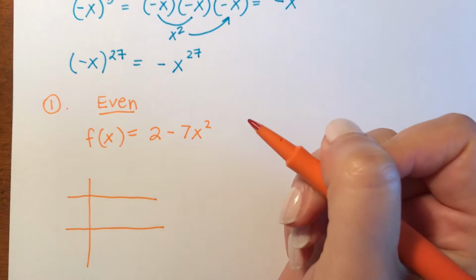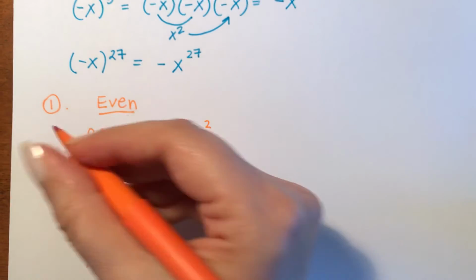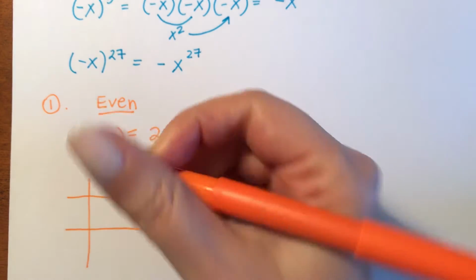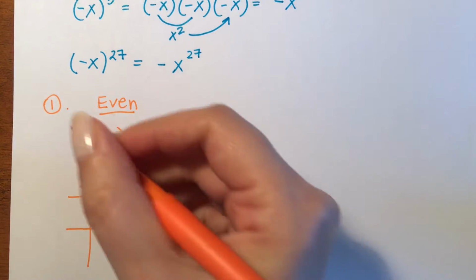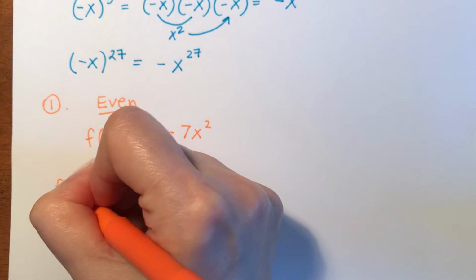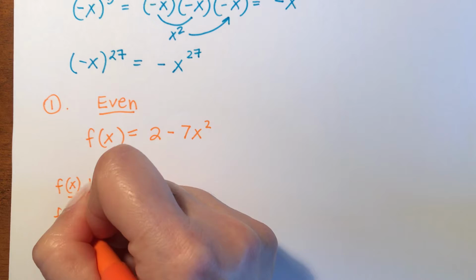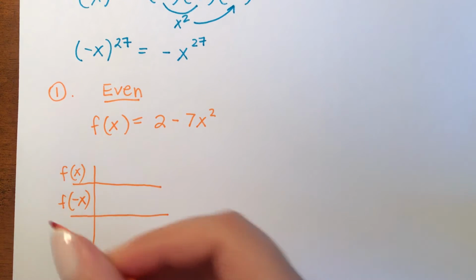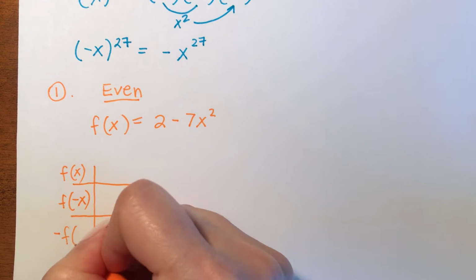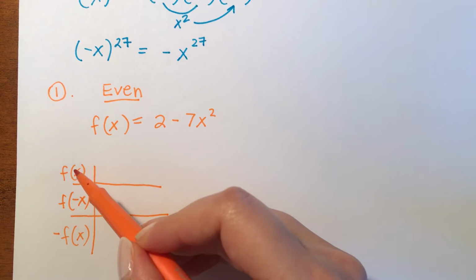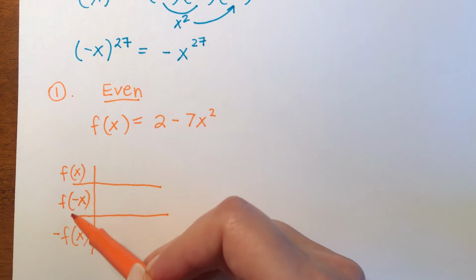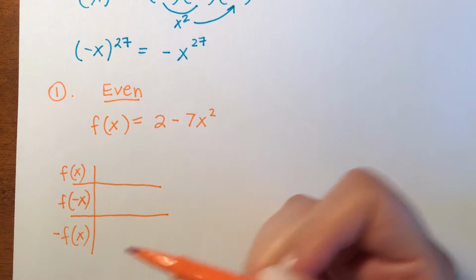Now, this table will always look the same, okay? So at the first space, we're gonna write f of x. Next one, f of negative x. And then the last one, negative f of x. Please always keep the same order, okay?